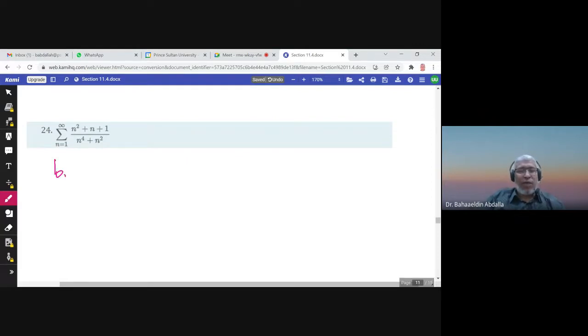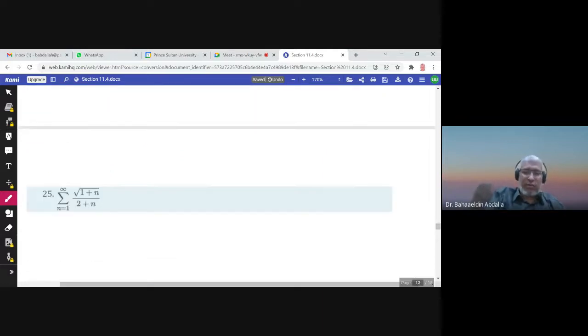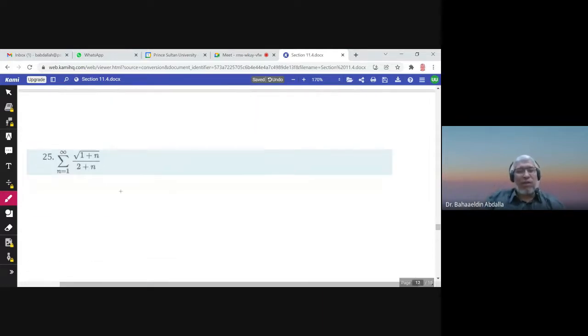Here also bn is 1 over n squared, and prove using limit comparison test that this series is convergent. Here bn is square root of n over n, so it's 1 over square root of n. So also use the limit comparison test to show that this series is divergent.